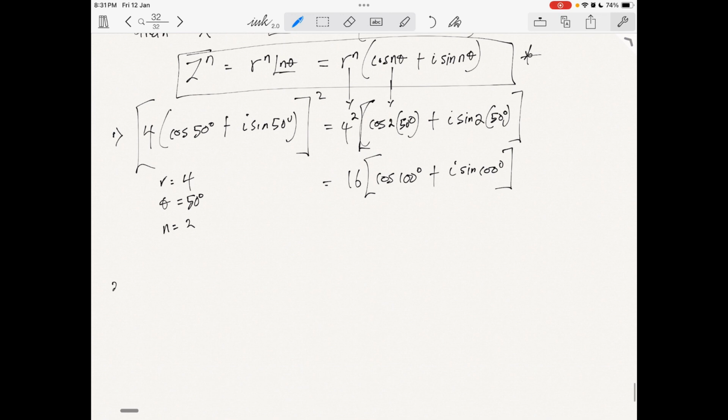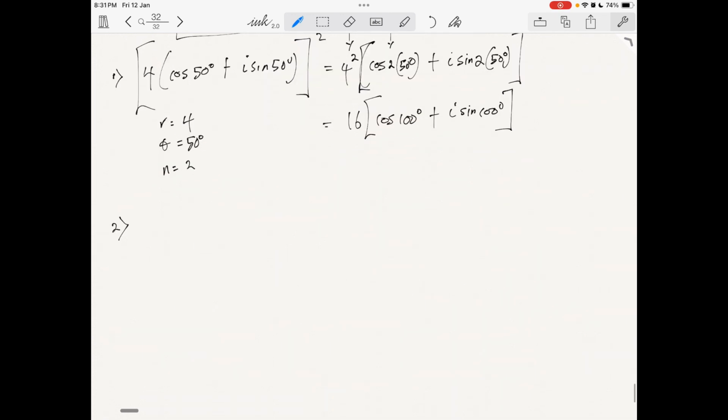Let's take another example. We're given 3 cos 110 degrees plus i sine 110 degrees to be z, and we are required to evaluate z raised to power 3.